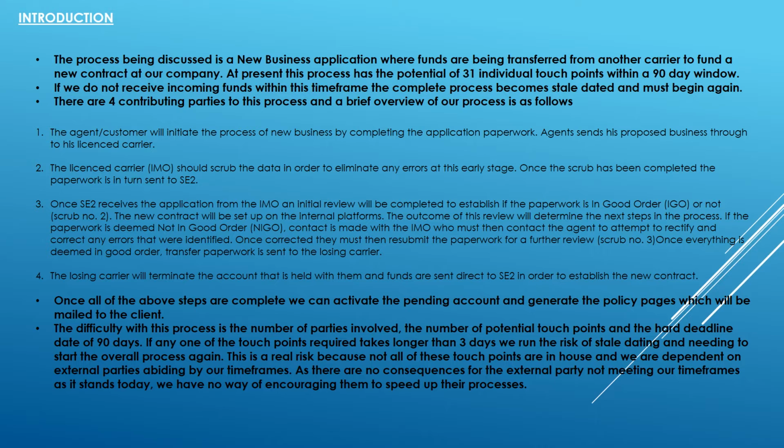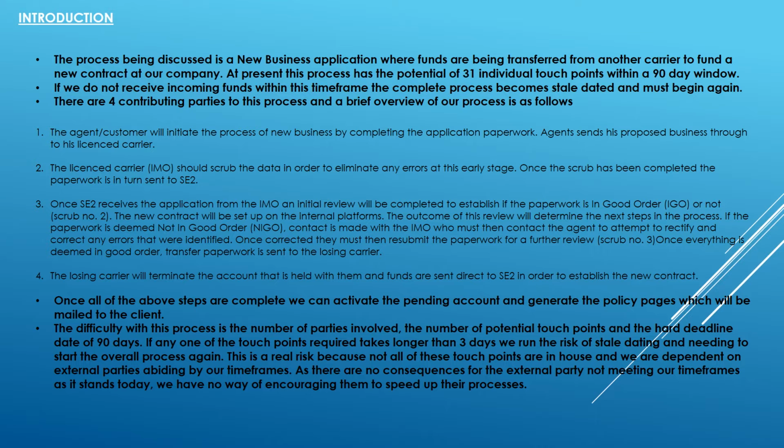The licensed carrier is the IMO. So within the insurance organization in the US, we send out license agreements to IMOs so that they can sell our product. Those IMOs can then sublet those licenses to agents out on the road or satellite offices.